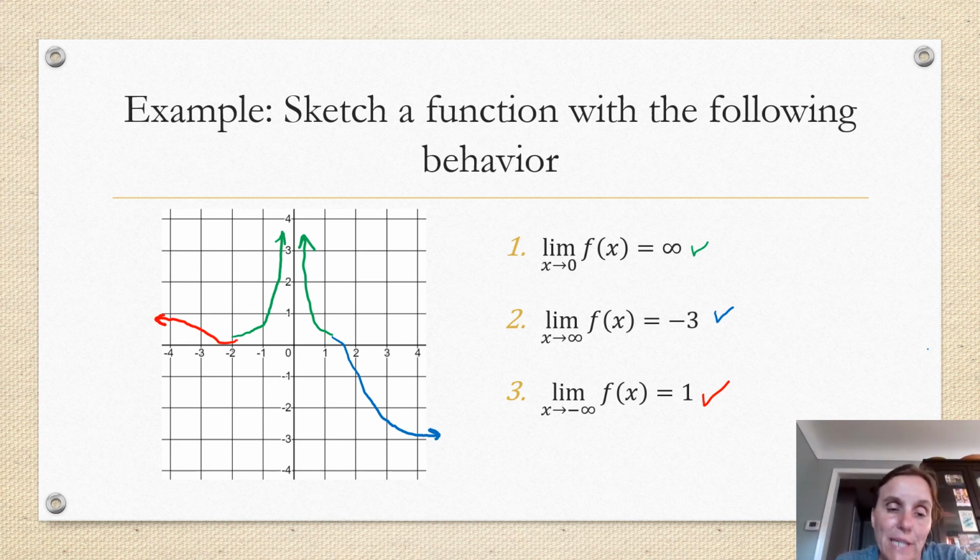We're showing that with this sketch. Just so you recall, this is a vertical asymptote, but number 2 and 3 are the 2 horizontal asymptotes for that function.